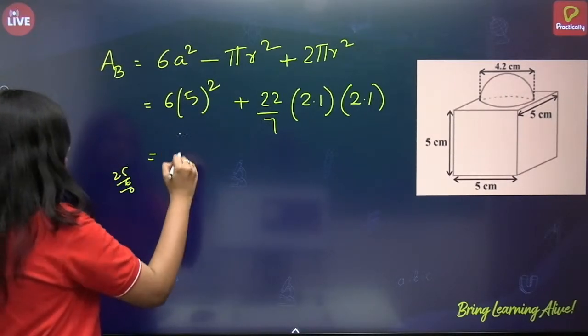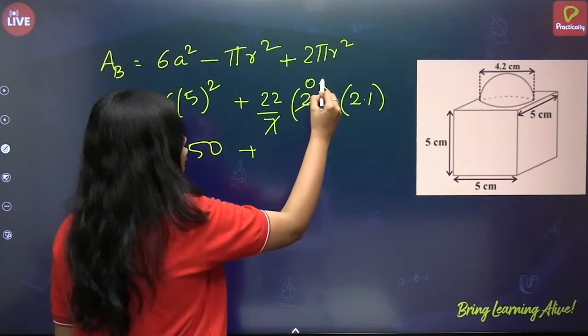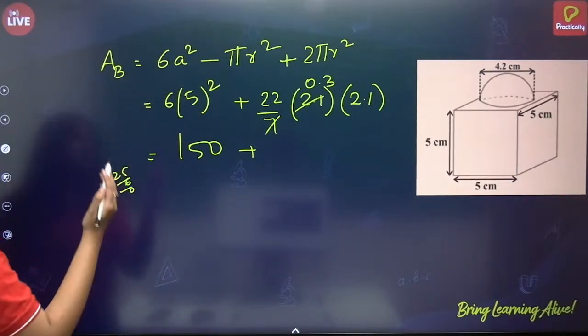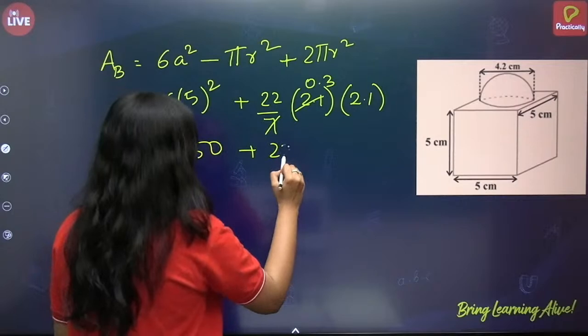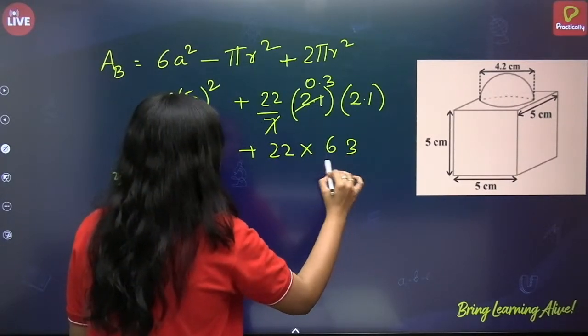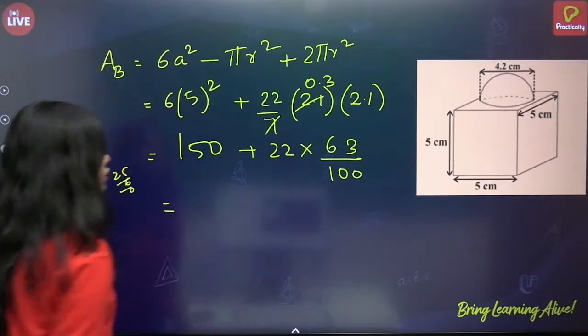Yes. 150 plus 7 into 0.3. So let us calculate this. 21 into 3 is how much? 2 into 3 ones are 3. 3 twos are 6. 63 by 100. That is 0.63. So what is 22 into 63?